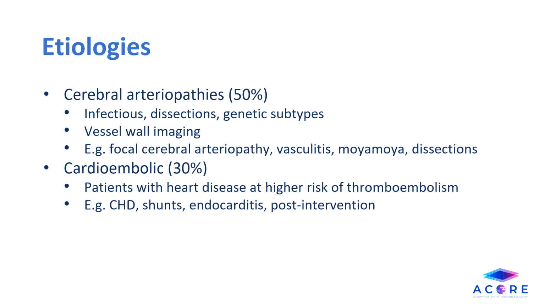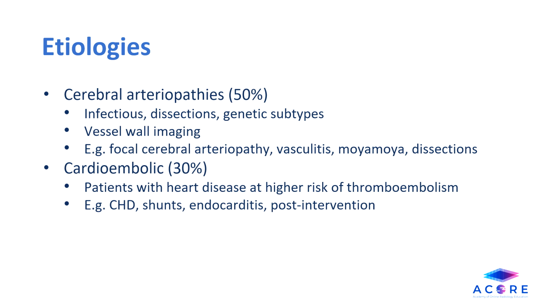However, of those cases where a primary established cause is found, about 50% of them are due to cerebral arteriopathies, and about 30% are due to cardioembolic etiologies. The vasculopathies or arteriopathies encompass infections, dissections, and genetic conditions. These are able to be delineated on the vessel wall imaging sequence discussed on the previous slide. Classic examples in this category include vasculitis and moyamoya.